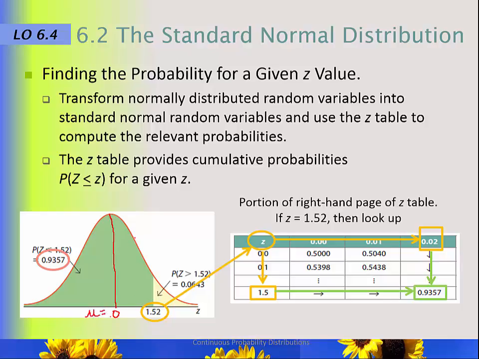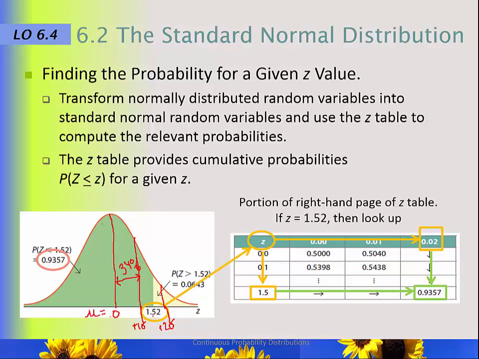We've got plus 1 standard deviation right here, plus 0.52 more of another standard deviation. So the second standard deviation would be right here. And we would annotate this. I'm going to draw this on down to here so you can see. So this would be plus 1 standard deviation. And then this one here would be plus 2 standard deviations. And here our value is kind of in between. Now we know from other stuff that this distance right here, or this amount of the normal distribution, is always going to be 34%.